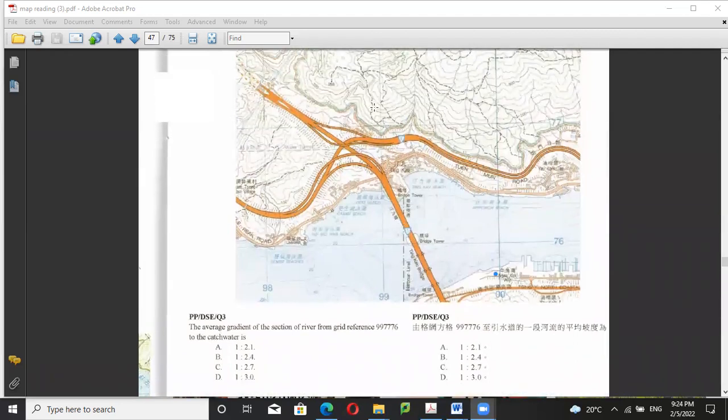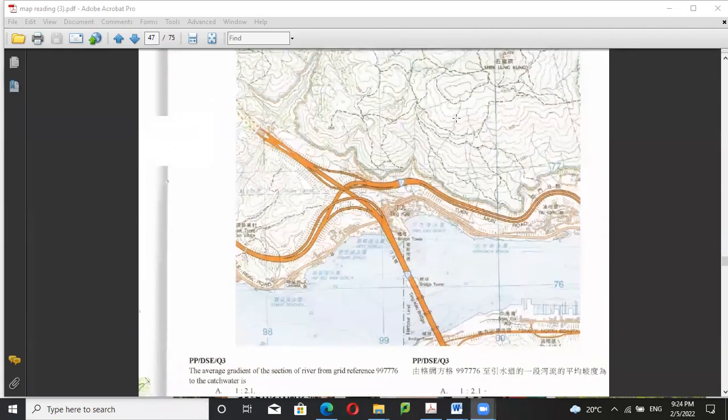Then this one, PP. For the PP, I have given you all the answers already, so I'm only going to have a quick glance with you. Here you have to be careful about where the exact area of the section of width from grid reference 997 776 is.